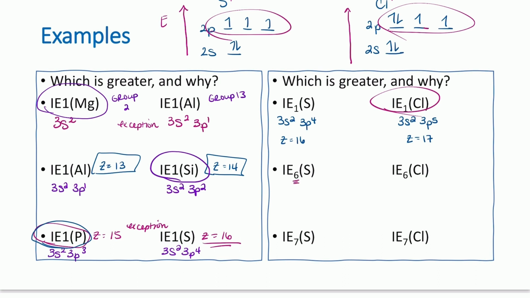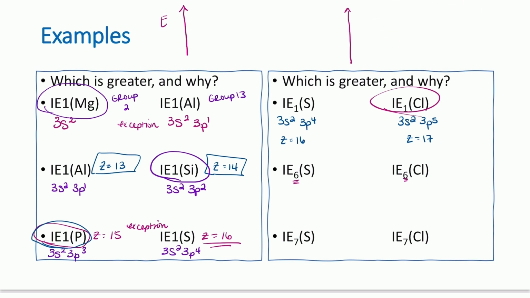What about the 6th ionization energy of sulfur versus chlorine? So this would be the 6th electron removed.